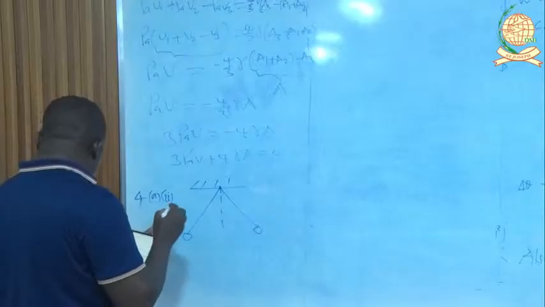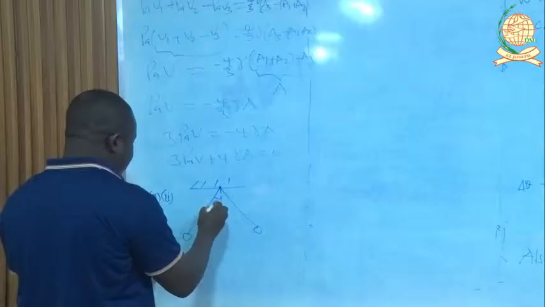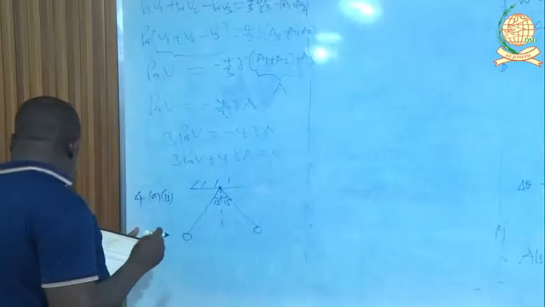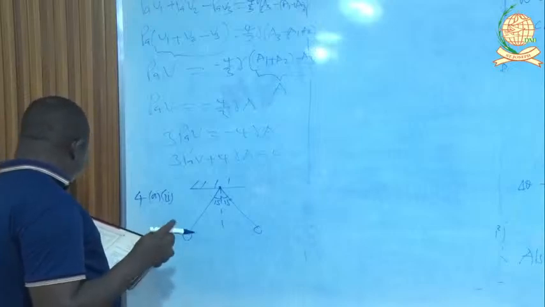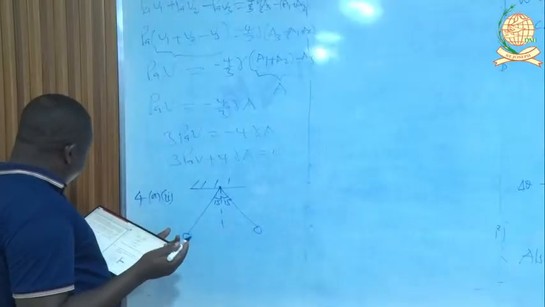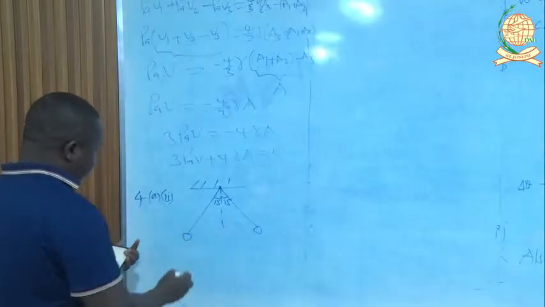The string makes an angle of 15, then also this is 15, the total being 30. When it's suspended in a liquid of density, this one, the angle remains the same. What is the dielectric constant?